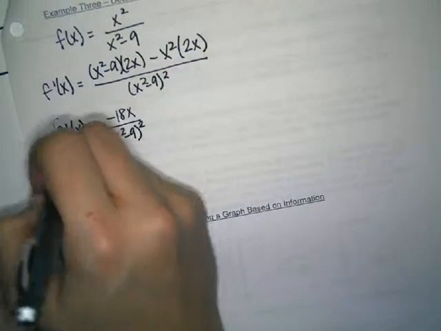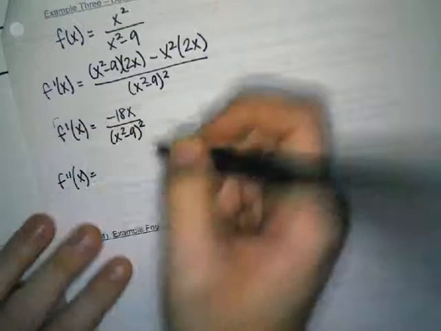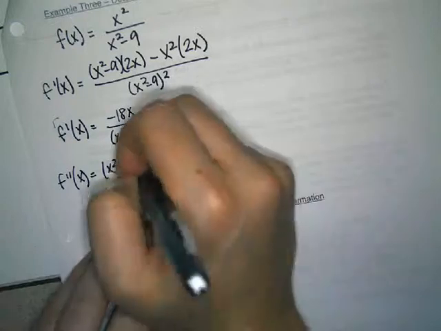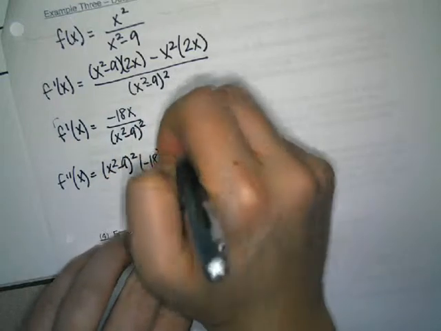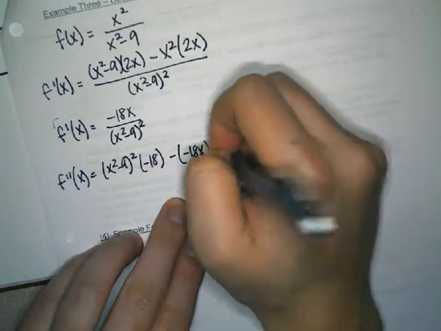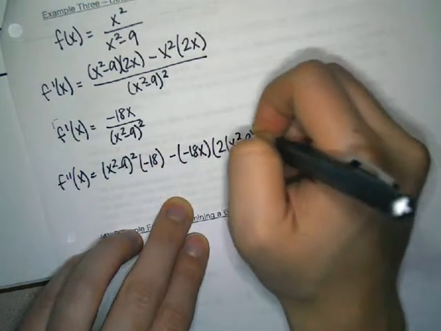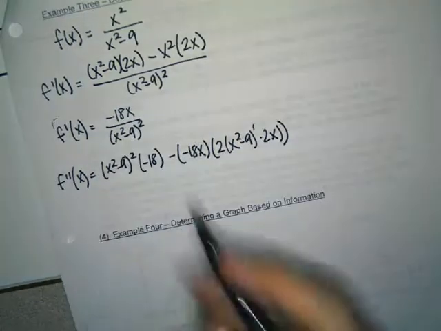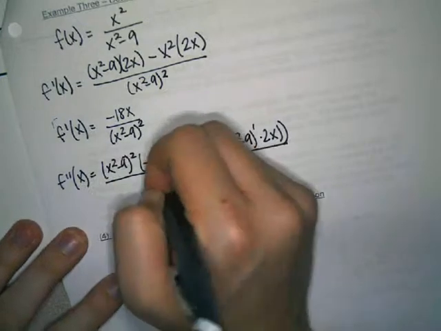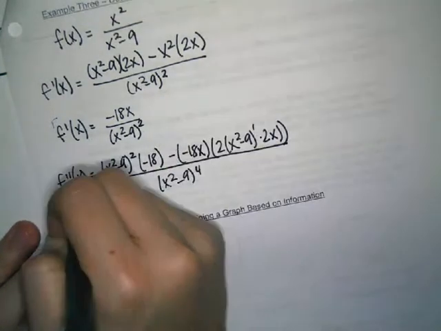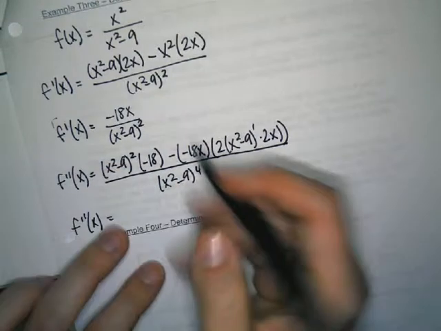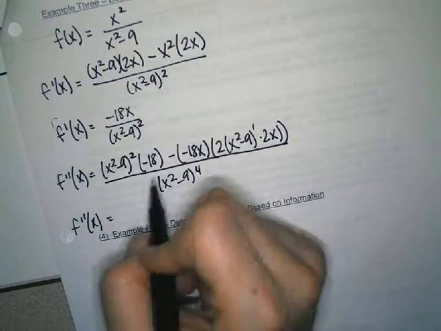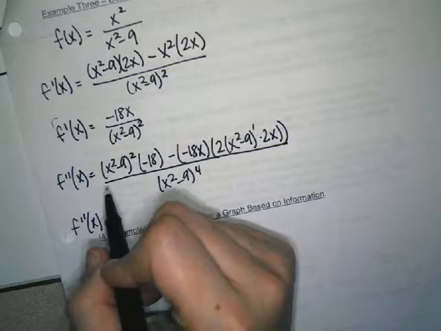Okay, and then f double prime. Again, quotient rule. So low d high minus high d low, because we have to use the chain rule on the bottom there. All over low squared. And again, I'm going to clean it up a bit. You know what?